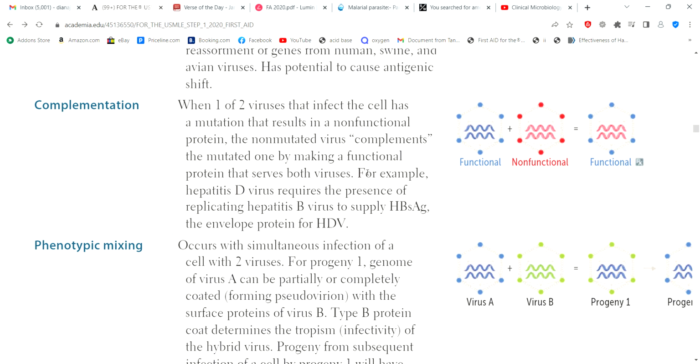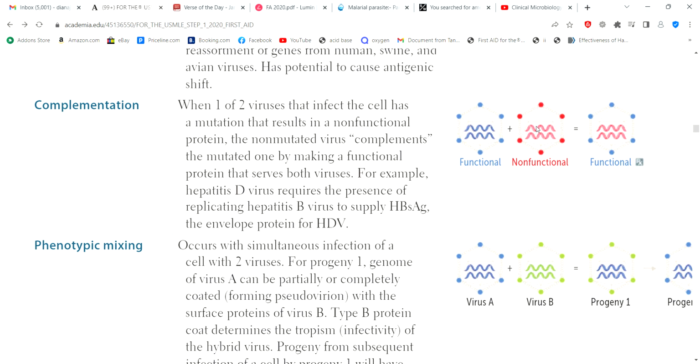For example, hepatitis D virus requires the presence of a replicating hepatitis B virus to supply HBsAg, the envelope protein for HDV. So when one of the two viruses that infect a cell has a mutation that results in a non-functional protein, this one is non-functional.